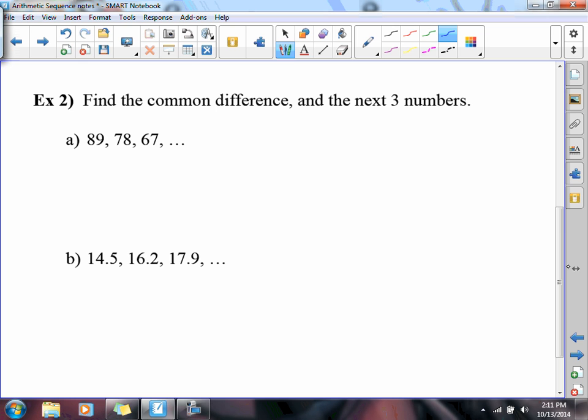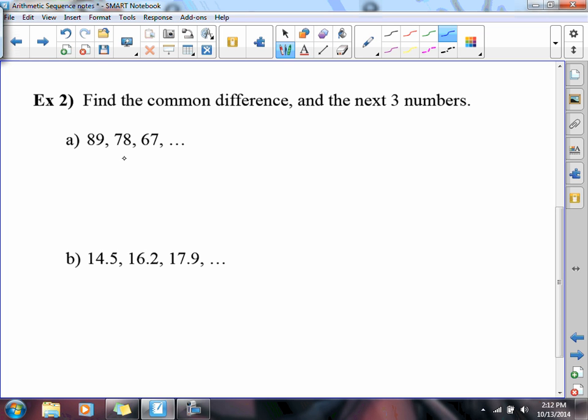Now in example 2, they're going to add another little step onto this. They're going to have you find the common difference and the next 3 numbers. So by common difference, that means we're going to find out what we're adding or subtracting to go from one number to the other, and then we're going to find the next 3 numbers in the sequence.